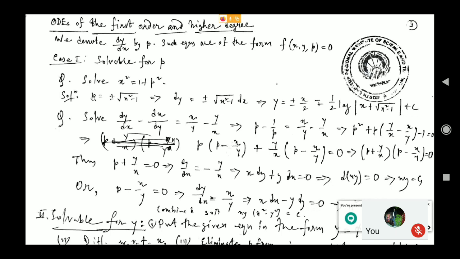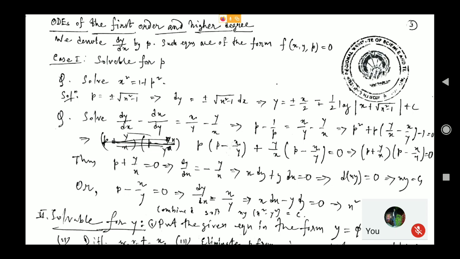Since p is dy/dx, this equation becomes dy equal to this expression times dx. Now integrating both sides, on the left hand side we have y, and on the right hand side this has a direct, well-known formula, which we have written, and we got the solution.